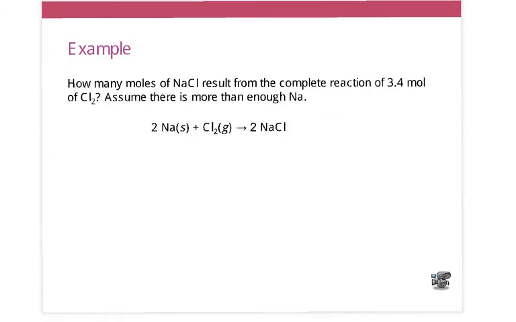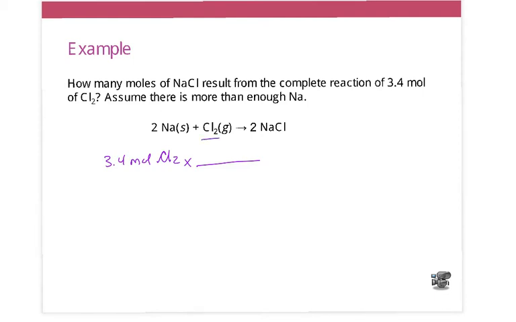Okay, now let's do another example. How many moles of sodium chloride result from the complete reaction of 3.4 moles of chlorine gas? Assume there's more than enough sodium. Okay, so again, we want to write what we're given. We have 3.4 moles of Cl2, which is chlorine gas. Now we want to look at the coefficients, not the subscripts, on our values.